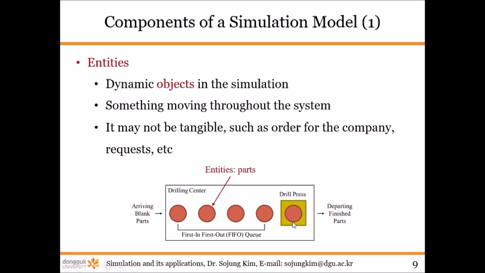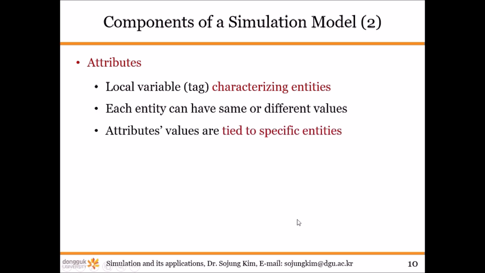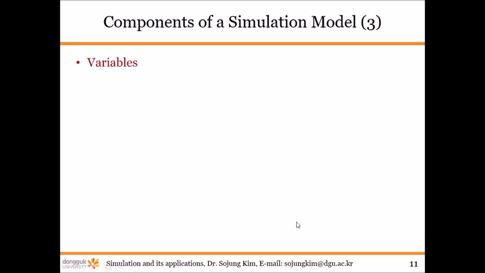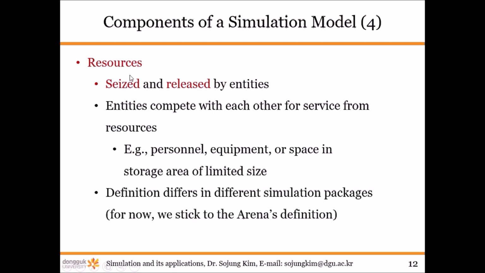All these parts want to seize this drill press, right? So we have a drill press with one capacity, and this is a resource. We have one drill press in the example, so that's why resources are seized or released by the entities.